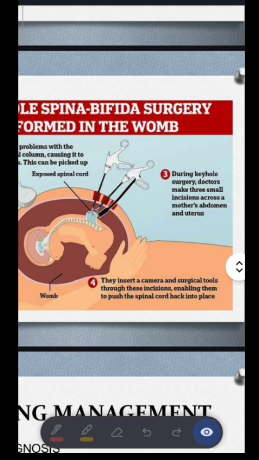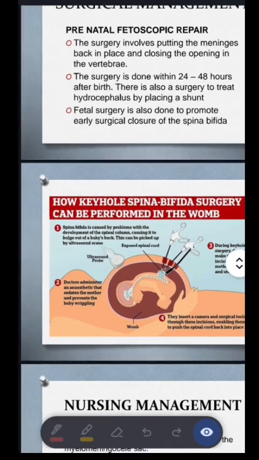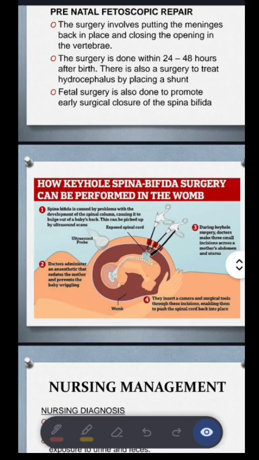During keyhole surgery, doctors make 3 small incisions across a mother's abdomen and uterus. Then the camera and surgical tools are inserted through the incisions, enabling them to push the spinal cord back into place.